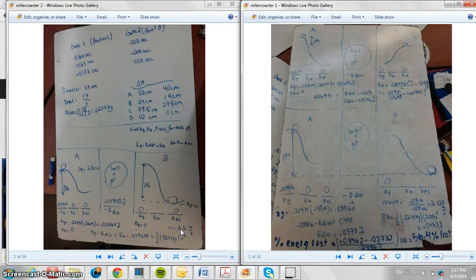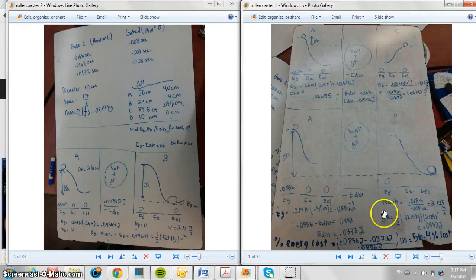And okay, so now let me explain the E dis part. Yeah, I was confused. So we got the Eg at point A using its full change in height from A to D. Then we got this, and we got okay.